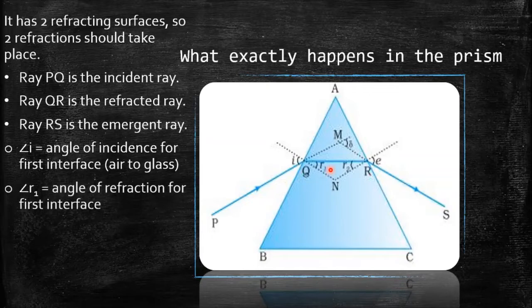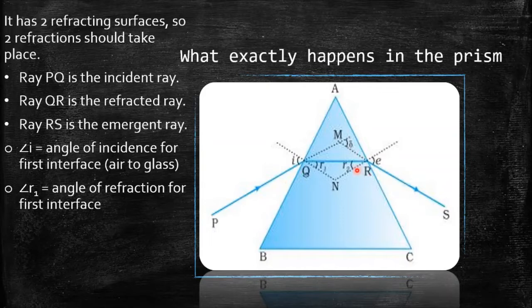I know this is not really visible to you, but soon this problem is going to be solved, okay? What I also know for a fact is that R1 over here is my angle of refraction at the first interface. Now what happens over here at the second interface, that is AC?